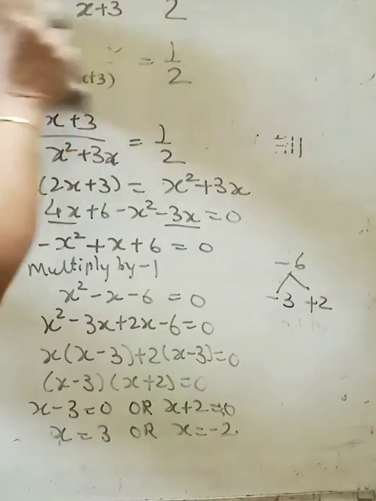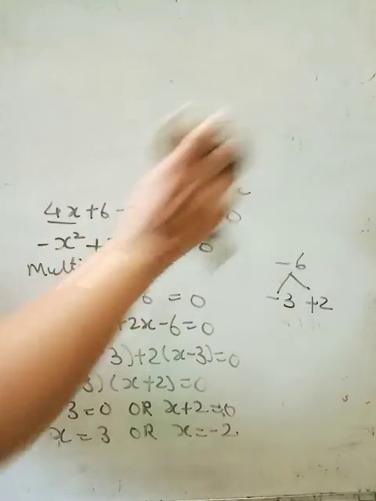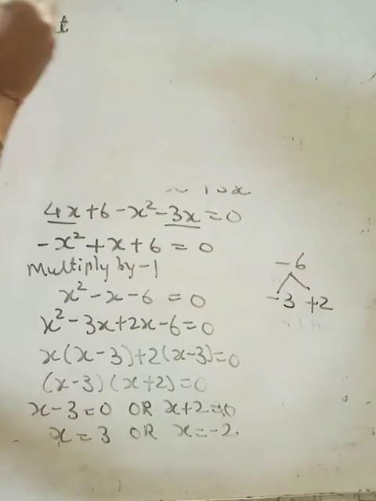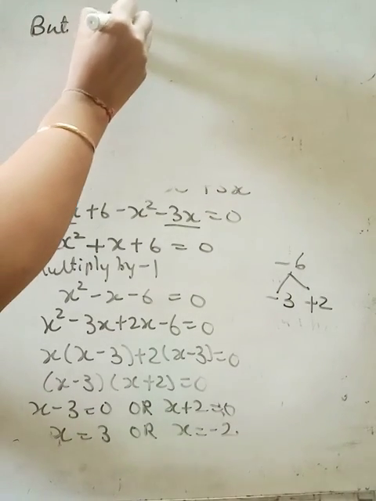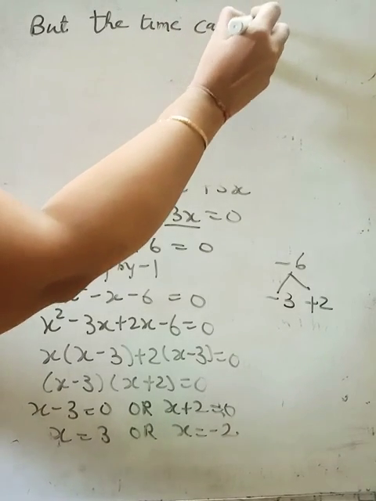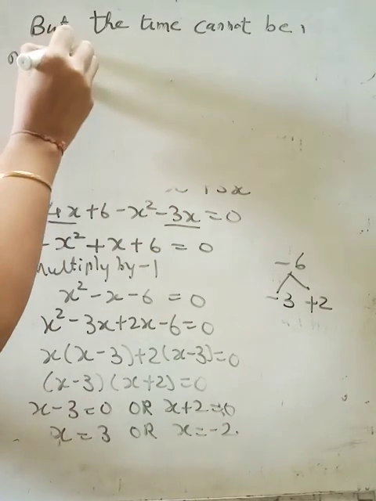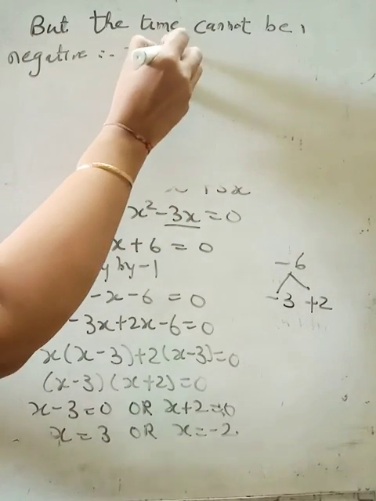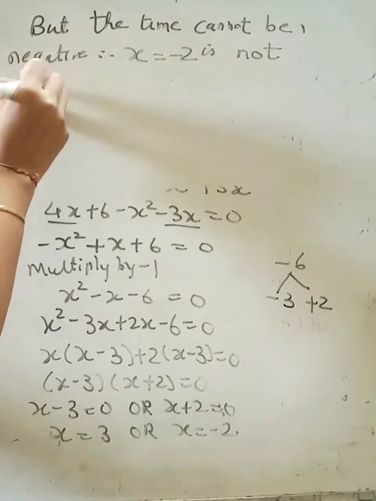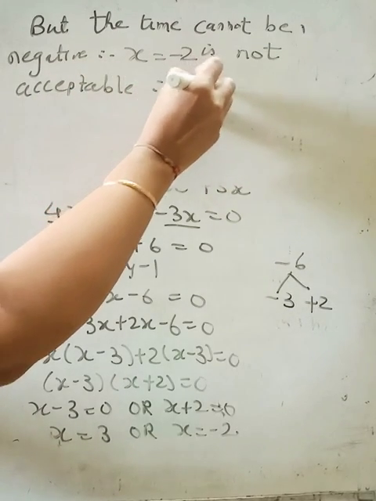Yes, so that argument we have to write it down. But the time cannot be negative. Therefore x is equal to minus 2 is not acceptable and therefore x is equal to 3.